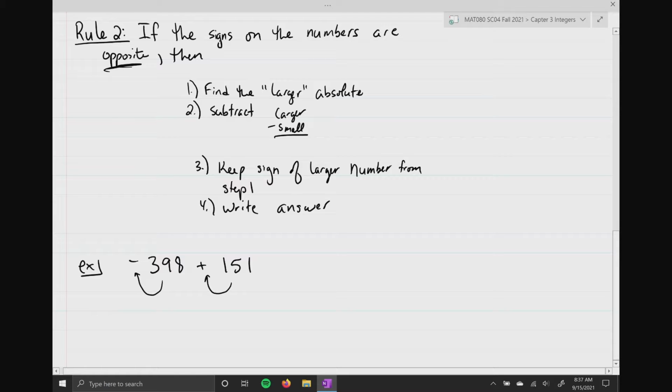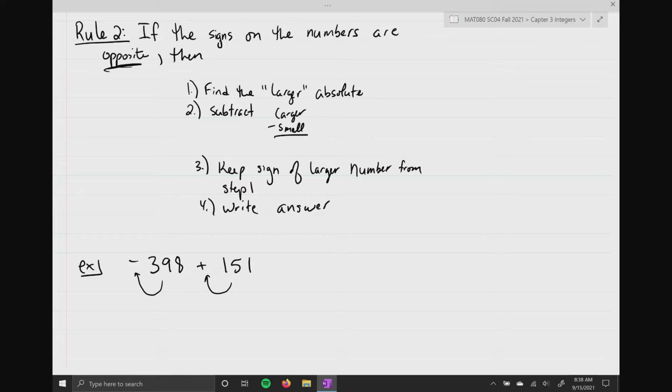So let me show you what I mean here. And once we do this maybe 5, 6, maybe 10 times, you're going to just go, "Oh, I know exactly what to do now." So you can kind of shorten it a little bit. So step 1, we're going to find this, in quotation marks, larger absolute. What I mean by that is this.